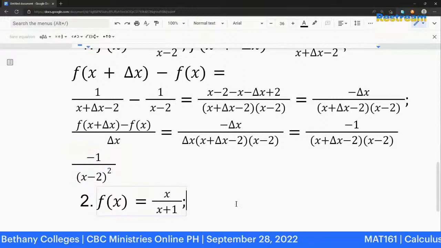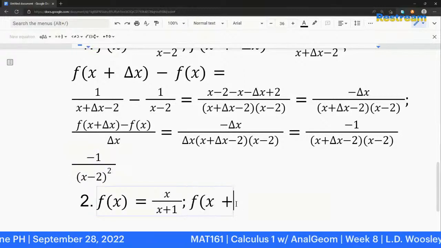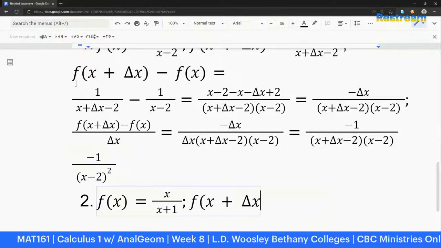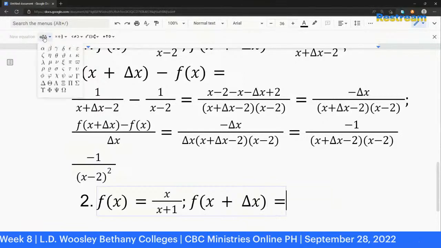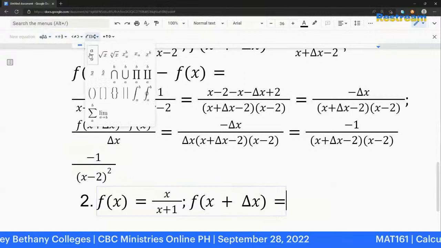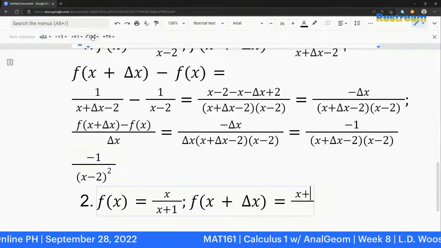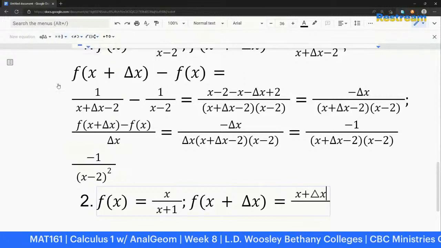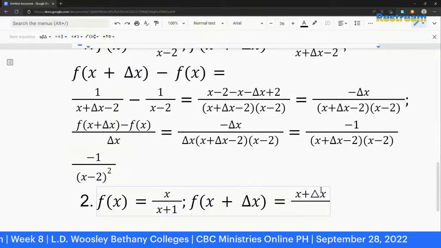Okay, so let us first expand this to x plus delta x. Okay, what will be your x delta x? So definitely, it will be x plus delta x. O yun, triangle ba yun? Hindi delta.